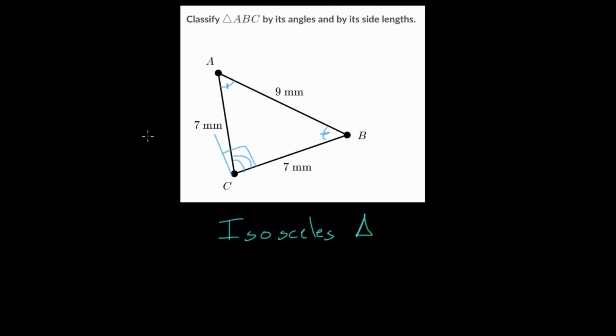Sometimes with the picture, it's going to be a little bit difficult to tell, but it looks like in this case that this is less than 90, and this is the biggest angle, or at least it looks to be the biggest angle. And in fact, it is the biggest angle because it opens to the biggest side, but that will come later. And since this is the biggest angle and it's less than 90 degrees, we know this is an acute angle, which makes the entire triangle an acute triangle.